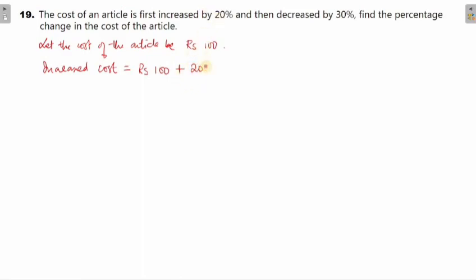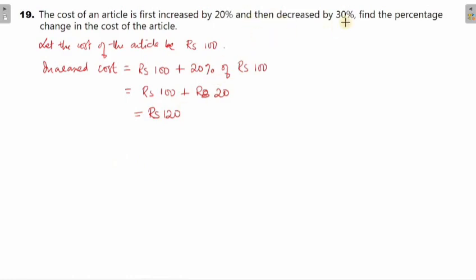So we have to increase by 20%, so we have 20% of rupees 100 here. So when you find 20% of rupees 100, it turns out to be 20. You have to do the calculation by yourself. Okay, I'm not showing this. So your increased, that is the new price, is rupees 120 now.